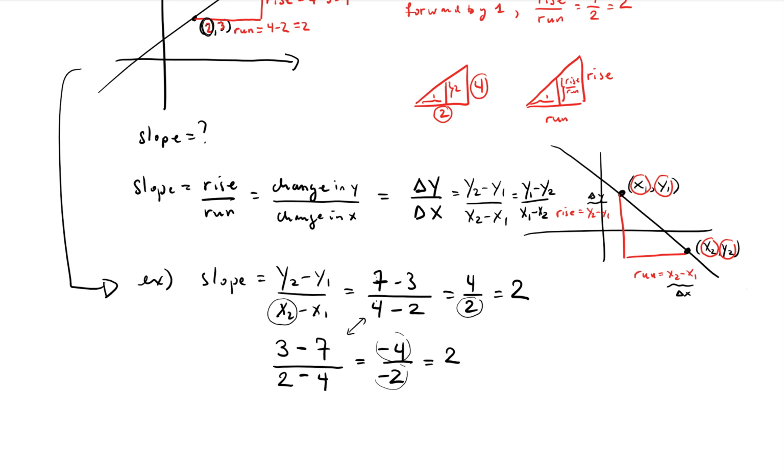So if I switch the order of the subtraction at the top and at the bottom at the same time, it's not changing the value of the fraction. That's because I can rewrite this by factoring out a minus sign. And if I do, you see I'm going to get minus y2 plus y1. And if I do the same here, factor out the minus sign, I'm going to get minus x2 plus x1.